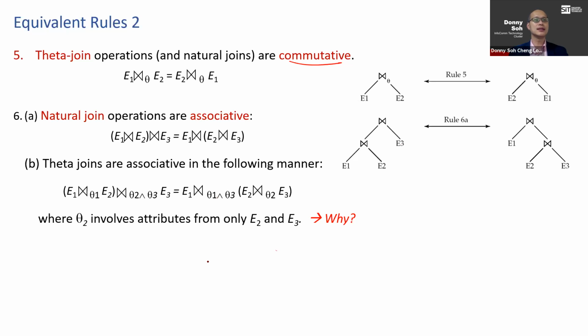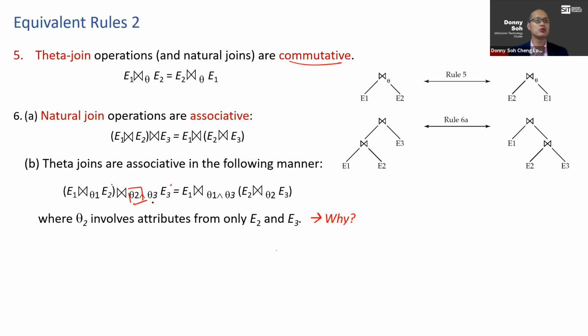So this means that if I have a theta 2 condition, this theta 2 condition has attributes from E2 and E3, and this theta 3 condition has attributes from E1, E2, and E3.